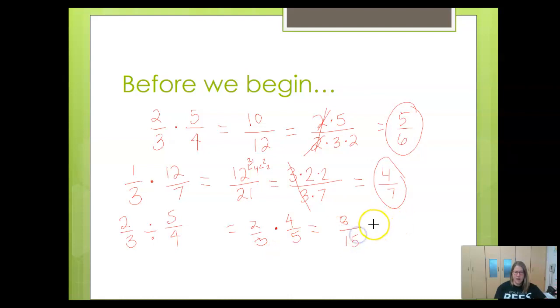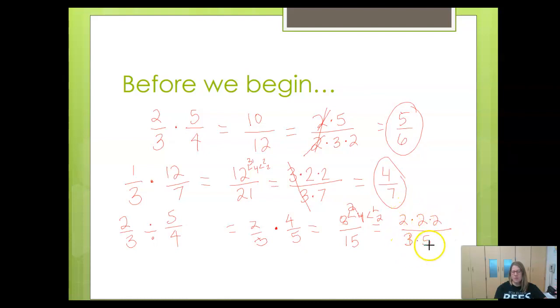So now I can reduce this by writing it out as prime factors. So 8 is 2 times 4. And 2 is prime, but 4 can be broken down to 2 times 2. So 8 is 2 times 2 times 2. 15 is 3 times 5, they're both prime, and that equals 15.